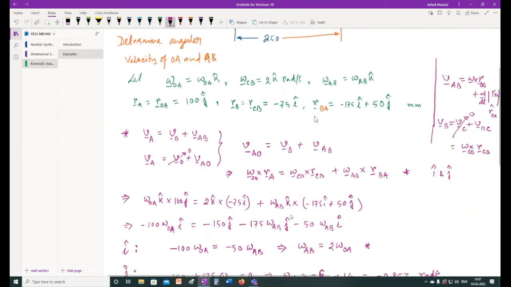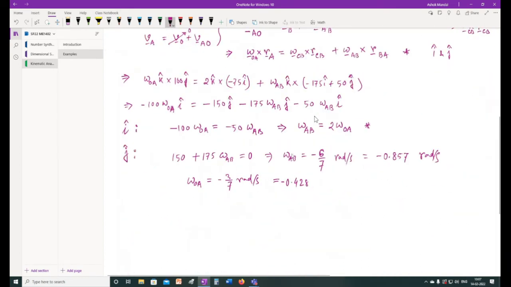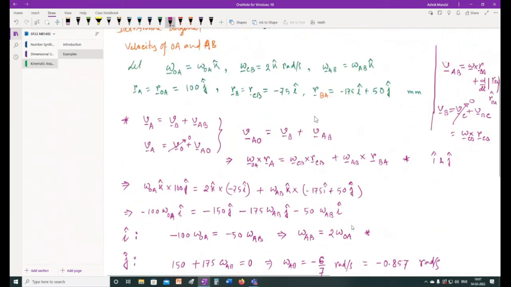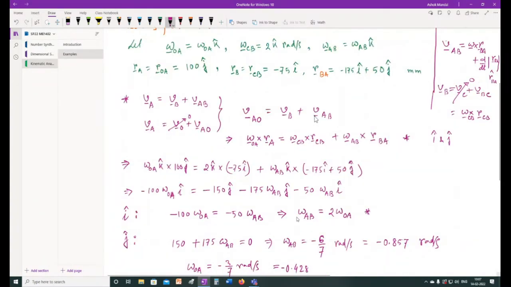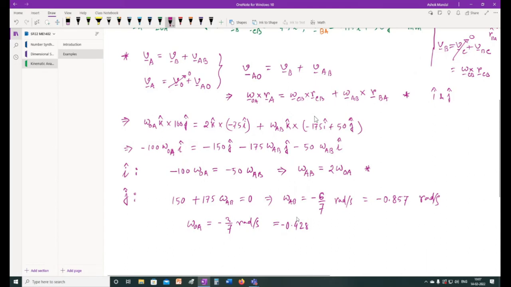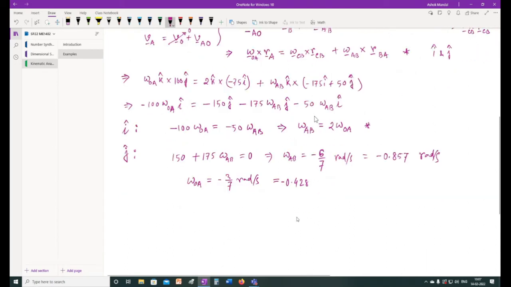Now we have solved the problem, the angular velocity of AB and the angular velocity of OA. Now, if I give the same task using your graphical method, what will you do first? Locate fixed points. Suppose I start from this point, this is a fixed point.